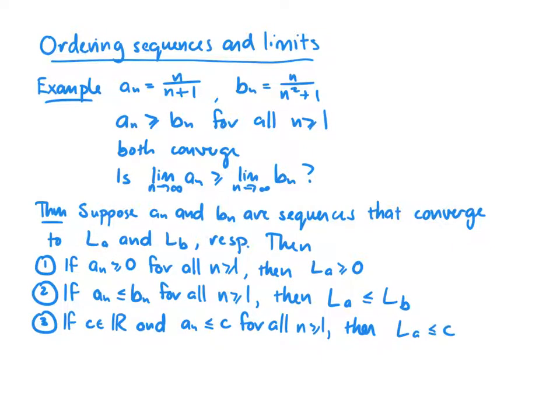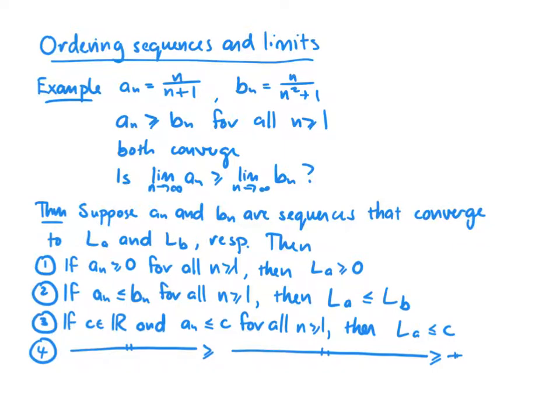And then 4 is the exact same result as 3, but we're just switching the direction of the inequality. So everything else is the same. We're just changing these to greater than or equal to signs. Okay, so if c is a constant and a sub n is greater than or equal to c for all n greater than or equal to 1, then the limit of a is going to be greater than or equal to c.